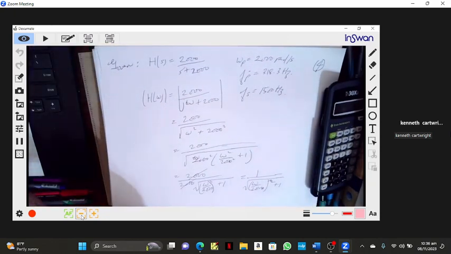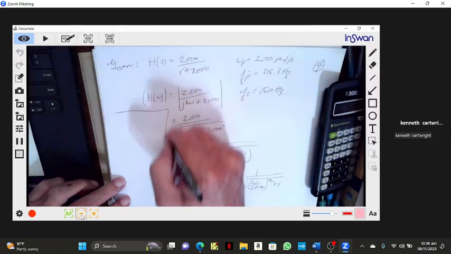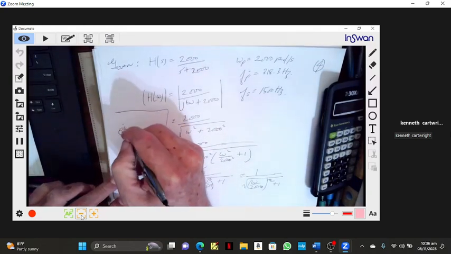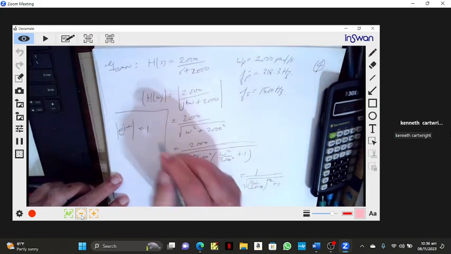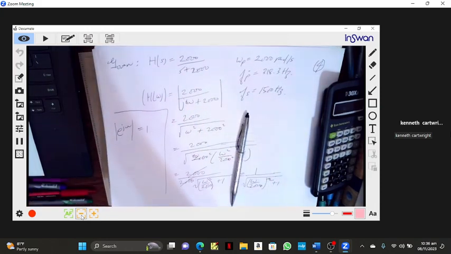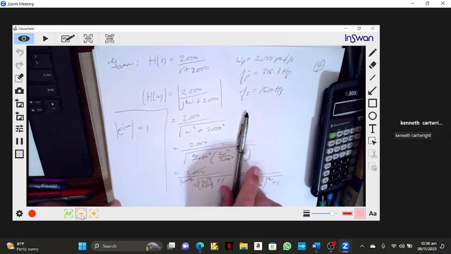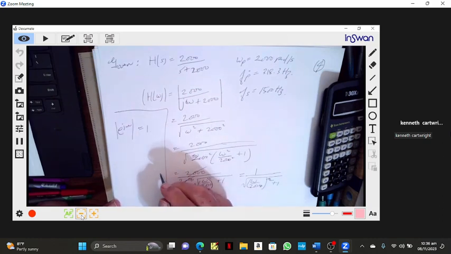And while I think of it, the magnitude of e to the j omega, the magnitude of this is always 1. Always. Not 0.997. And you can prove that easily.